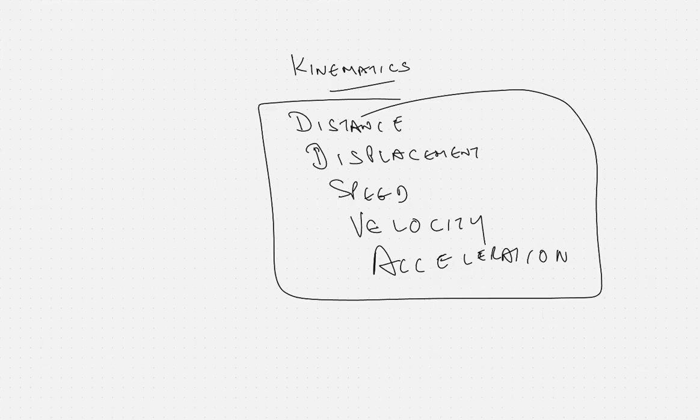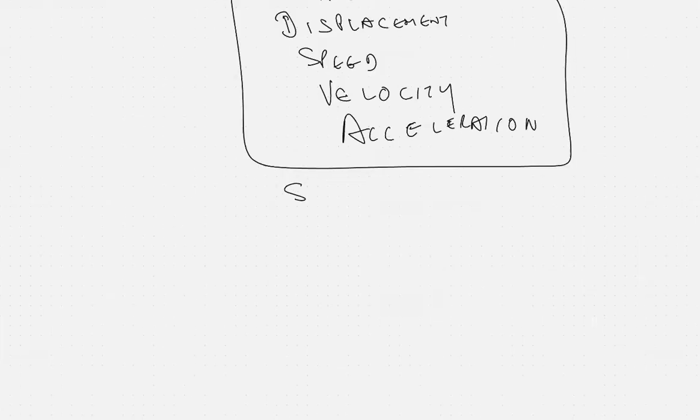Before I talk about these terms, let me tell you what a scalar and a vector are. If you read my book on physics, you will learn these things, but here's a mini video, so I will cover certain aspects here and other aspects elsewhere.